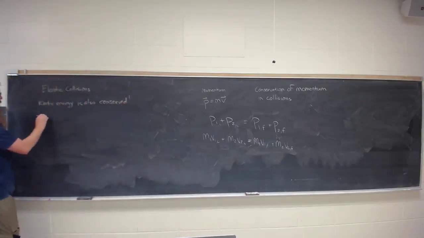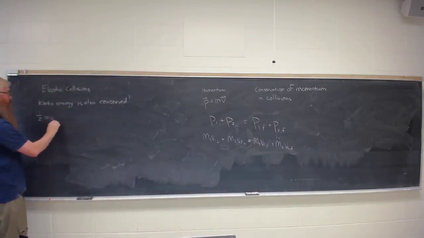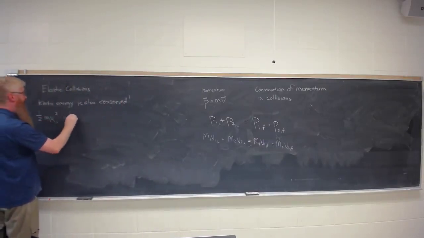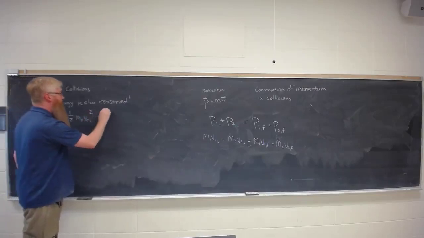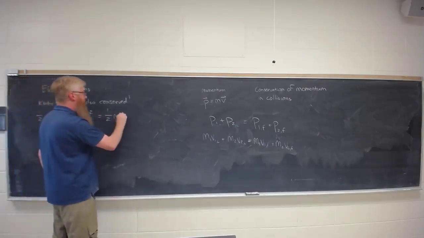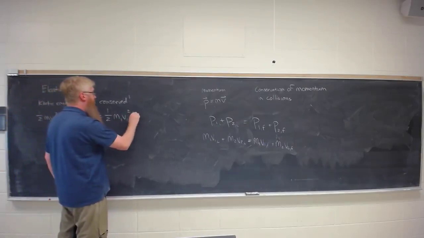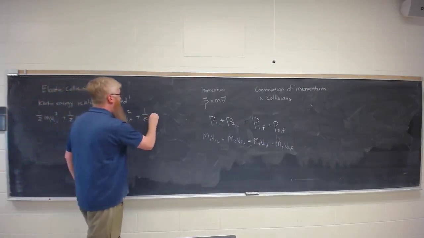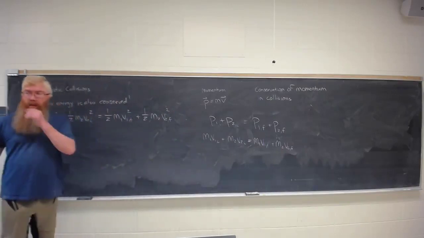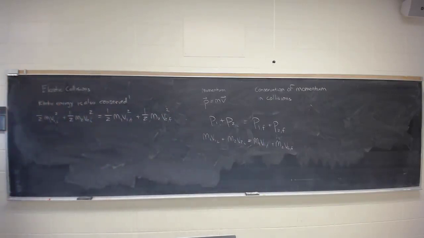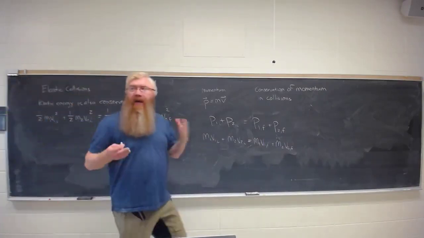So 1/2 m1v1 initial squared plus 1/2 m2v2 initial squared is equal to 1/2 m1v1 final squared plus 1/2 m2v2 final squared. Kinetic energy of both objects before is equal to kinetic energy of both objects after. Think about elastic collisions like a Super Ball, right? Bouncy.